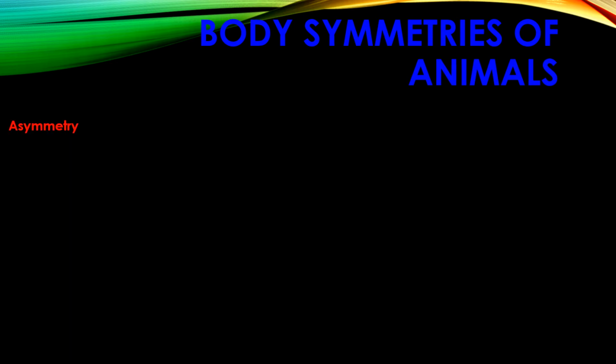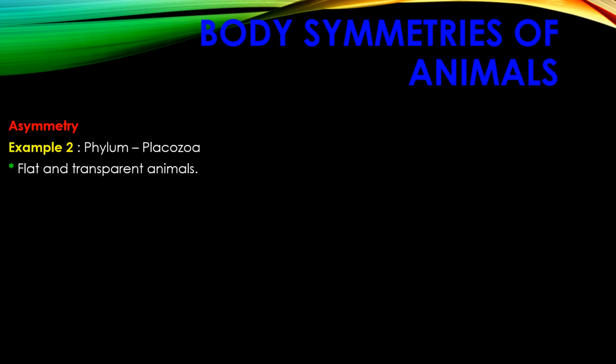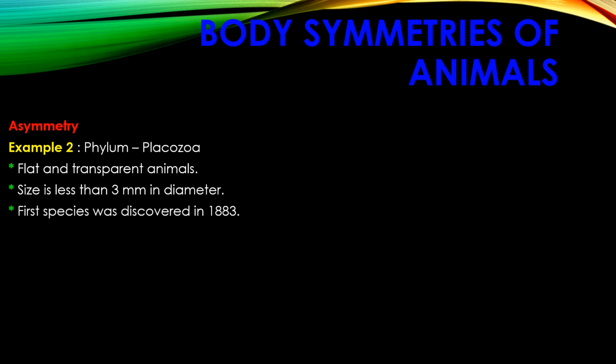Let's take another example for asymmetrical animals. This time I am going to take an example from phylum Placozoa. Placozoans are flat and transparent animals. The size of the animal is less than 3 mm in diameter. The first species was discovered in 1883 and the rest of the species were found recently.